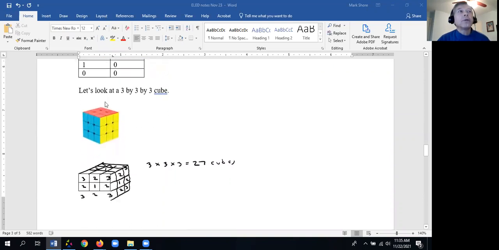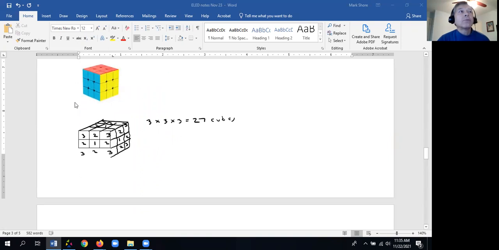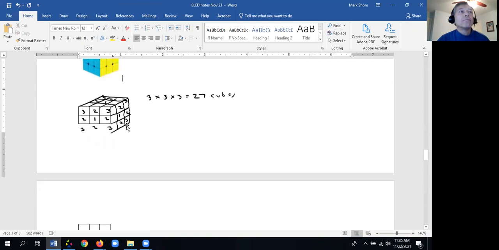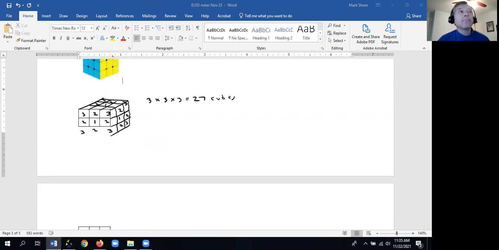So if we go up to a 3 by 3 by 3 cube, you can see we have that. That gives us a total of 27 cubes. Now I'm going to try to keep track of how many sides have been painted on this. So let me pause this again to get my picture.